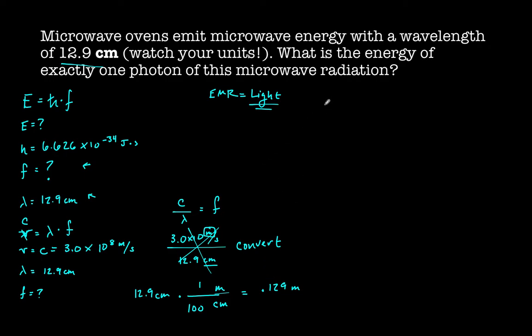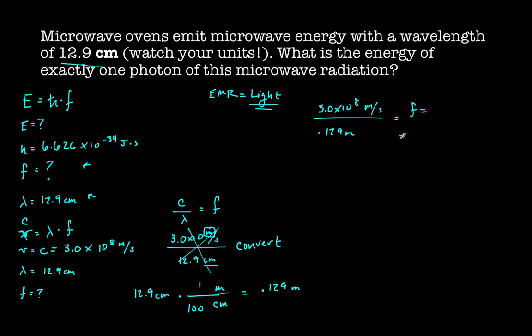I'm going to say that my speed of light, 3.0 times 10 to the 8th meters per second, divided by my wavelength, 0.129 meters, is going to equal my frequency, which, if I plug it in, let's see what we get. So 3e to the 8th divided by 0.129, and ooh, that's a gross number.